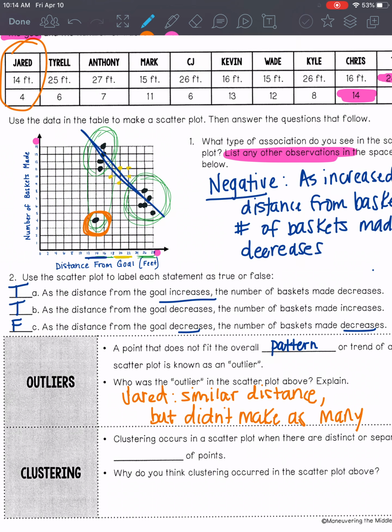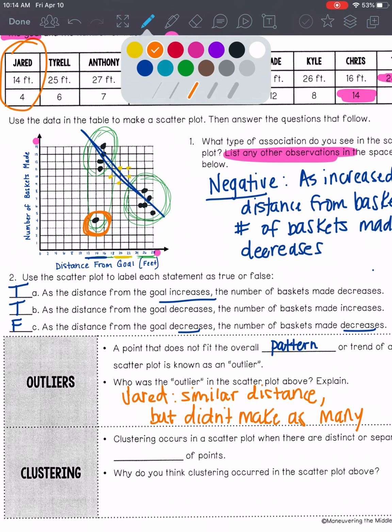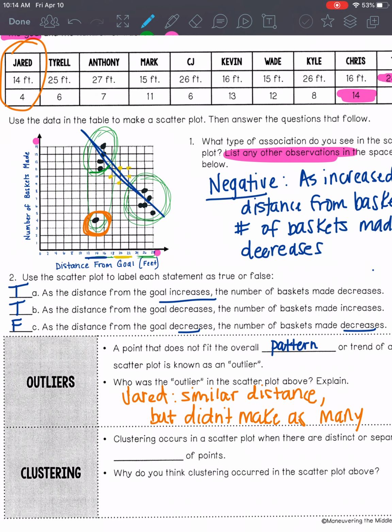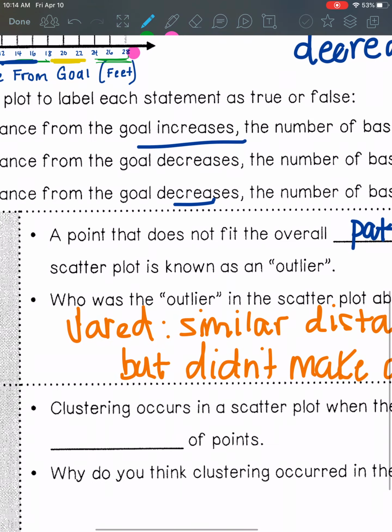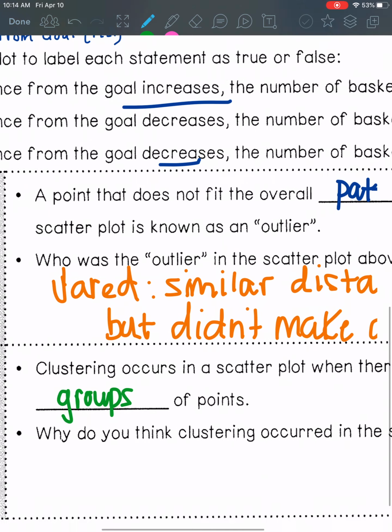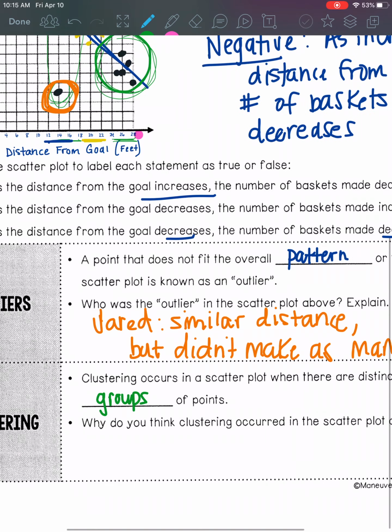All right, then clustering are these green circles that I made earlier. These are the clusters, those groups of kids that stood together. So a cluster occurs in a scatter plot when there are distinct or separate groups of points. Okay, why do you think clustering occurred?